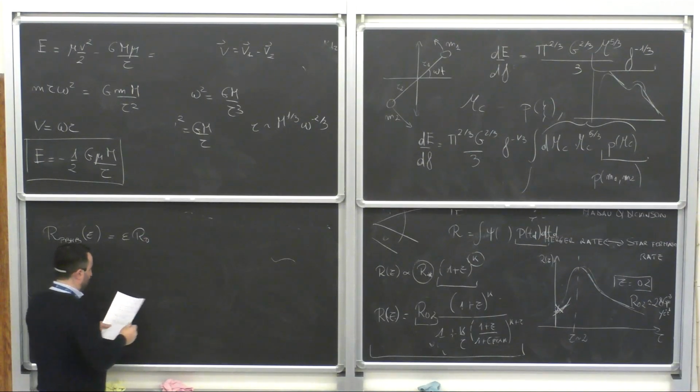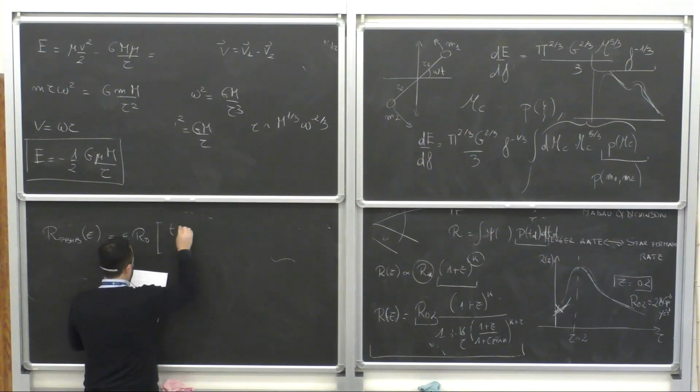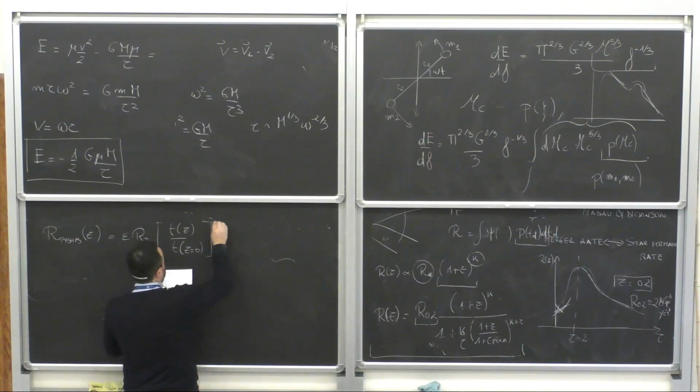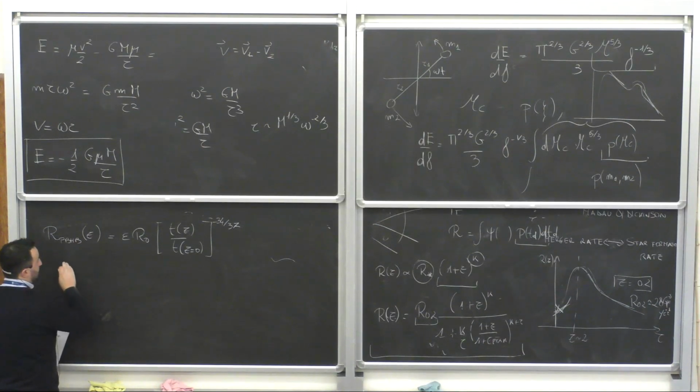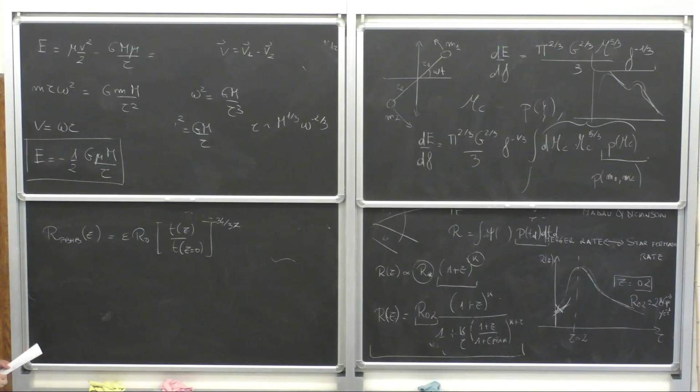There is one estimation of the merger rate for these objects. Okay, and this is the expectation for the merger rate of primordial black holes. This is one of the most used merger rate fits for primordial black holes.